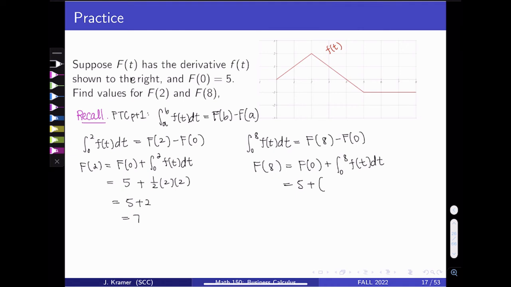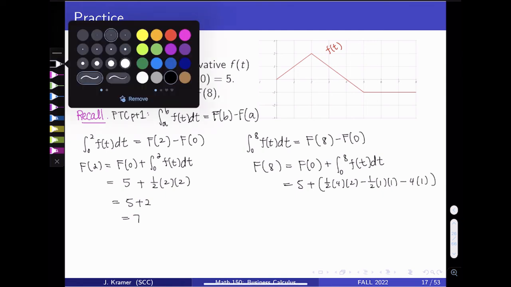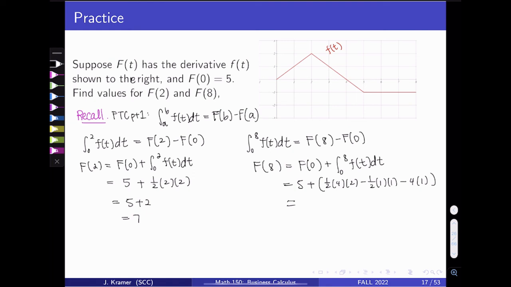So we're looking at 1/2 times the base times the height, minus the area of this triangle that's below the x-axis bounded by the curve. It has a base of 1 and a height of 1. So minus because it's below the curve. And then minus the area that's bounded by this rectangle from 5 to 8. That has a base of 4 and a height of 1. Again, minus because it's below the curve. And so we end up with an area of 11 over 2.